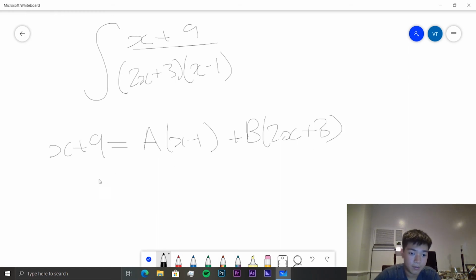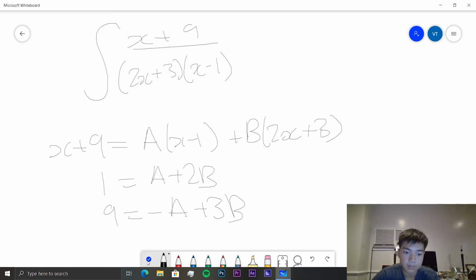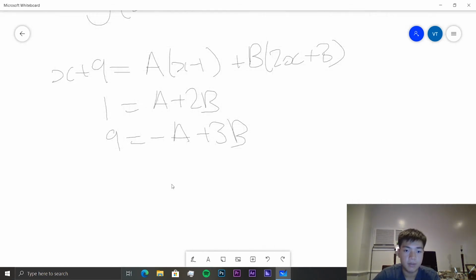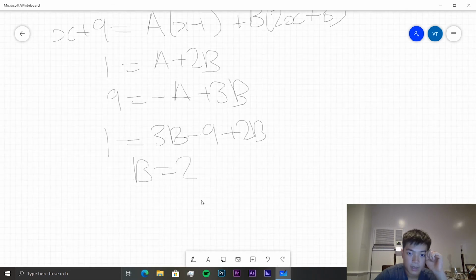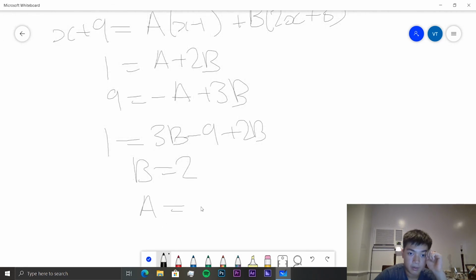So we have 1 is equal to a plus 2b, and 9 is equal to −a plus 3b. So we have a is 3b − 9, so 1 is equal to 3b − 9 + 2b, so b is equal to 2, and a is equal to 6 − 9, negative 3.